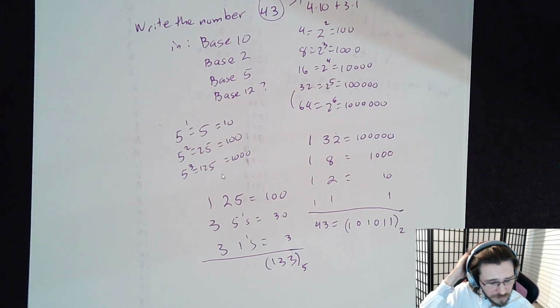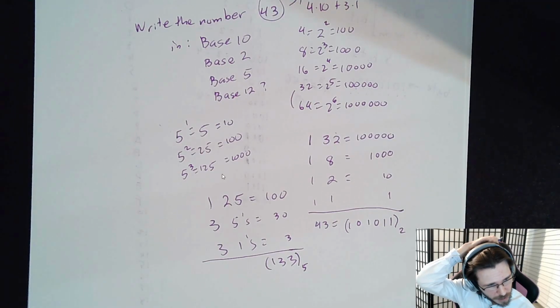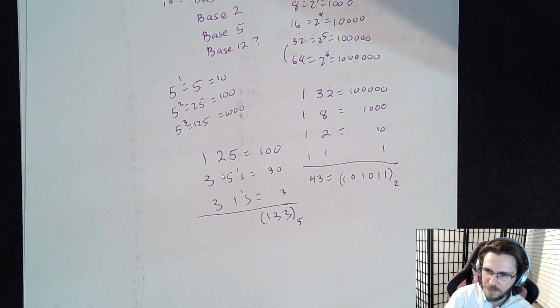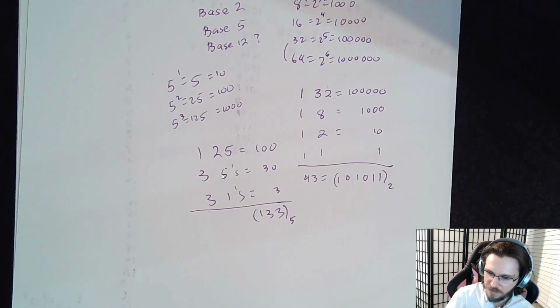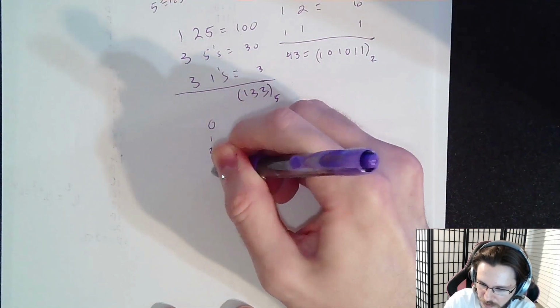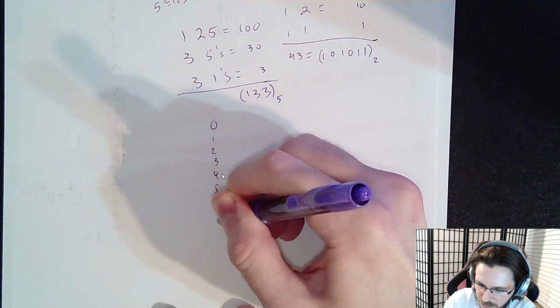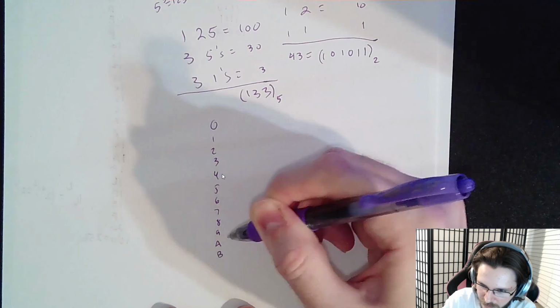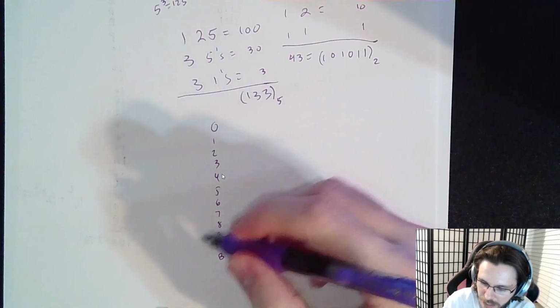What about base 12? So base 12 is where things get a little bit more complicated because you need an extra symbol of some kind. So we're gonna have to remind ourselves that counting up to 12 is 0, 1, 2, 3, 4, 5, 6, 7, 8, 9, 10, 11, and then 12 is where we start repeating ourselves at 10.